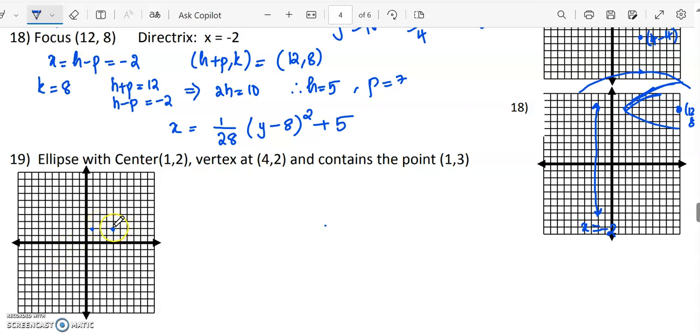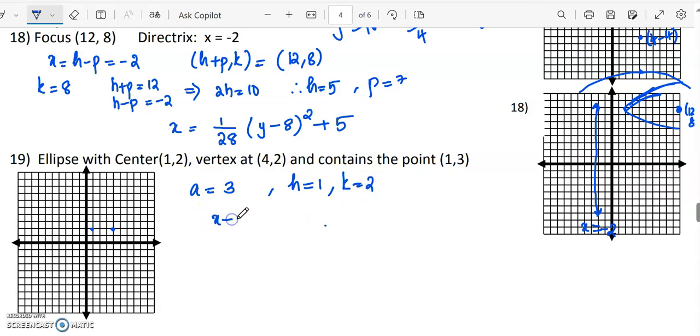So that will be one of the vertices. So this will be the major axis. The major axis will have a value of a equal to 3, and the center is (1, 2), so h will be equal to 1 and k will be equal to 2.